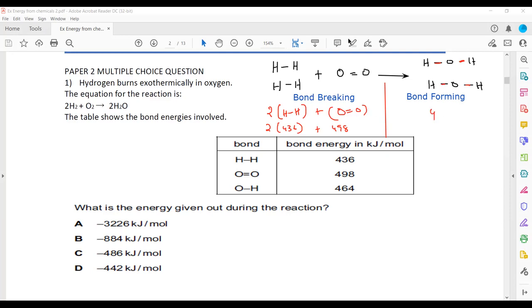So we'll write 4 and then HO or OH. That does not make a difference because OH or HO have the same meaning. If I write HO or I write OH, that does not make a difference to the final answer. So it will be 4 multiplied by 464. So when we solve the bond breaking energy, 436 times 2, that is 872, plus 498.